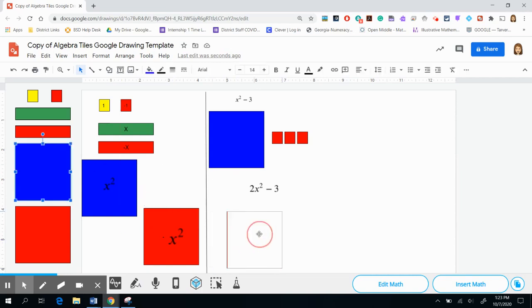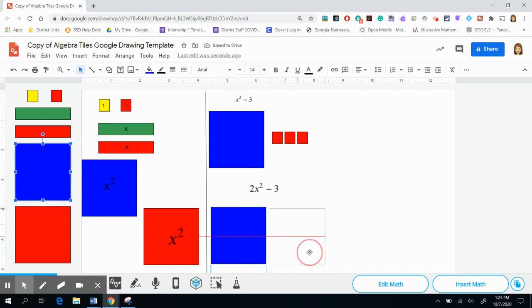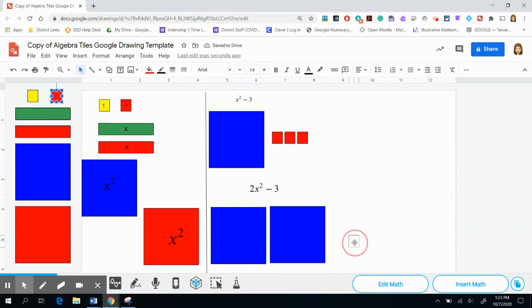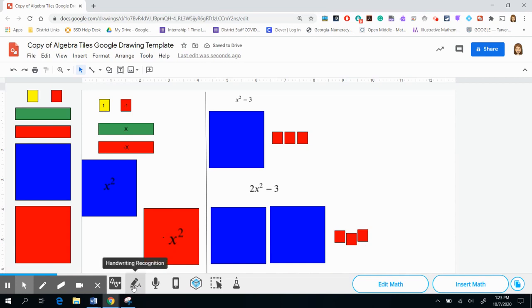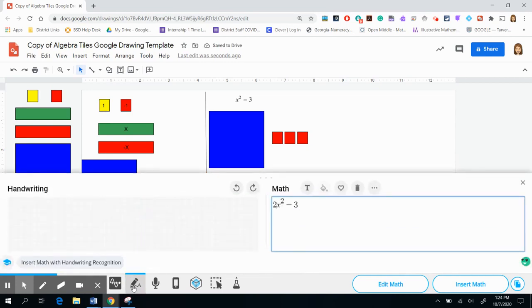So I'm going to bring over one group of x squared, two groups of x squared, and three negative ones. 2x squared minus 1, 2x squared minus 2, and 2x squared minus 3. All right, let's take a look at one more example.